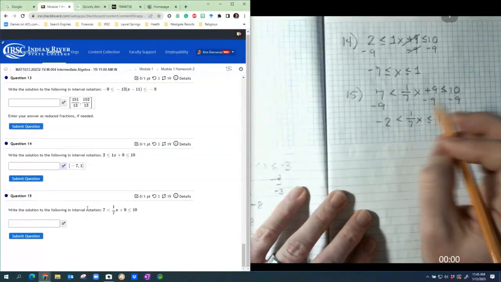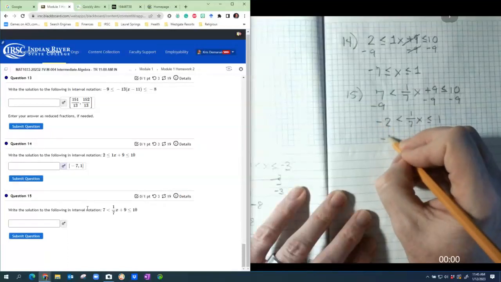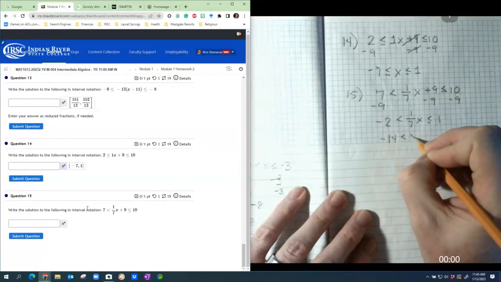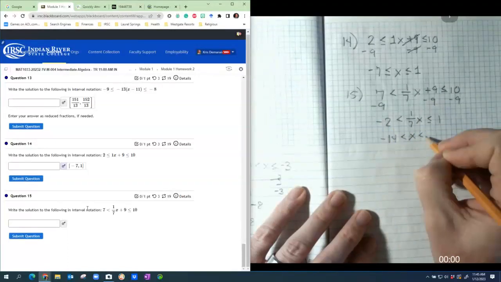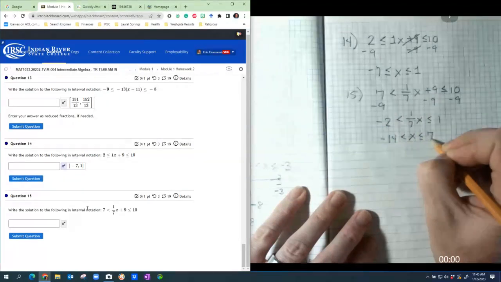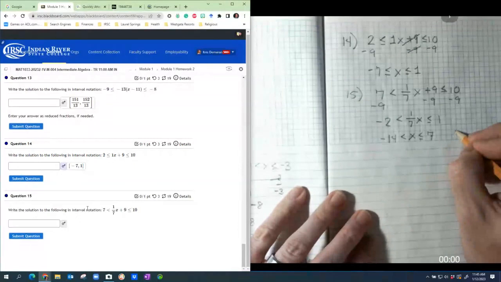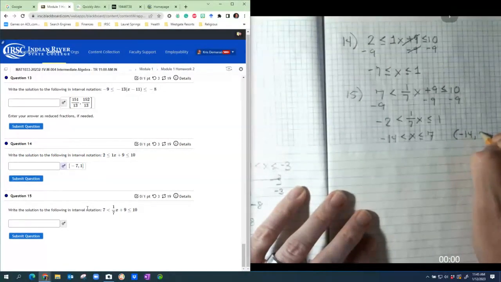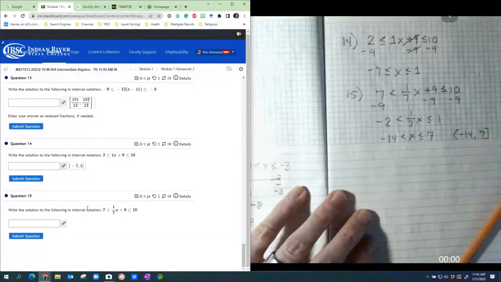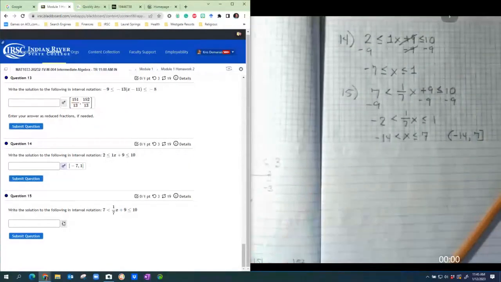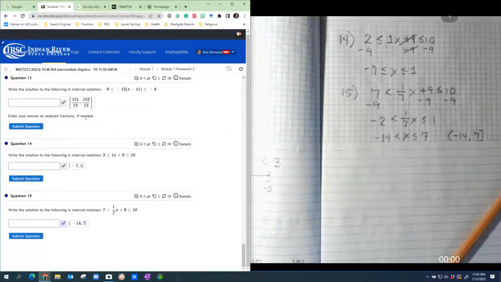And then we're going to multiply everything by 7. And what they want in interval notation, I'll write in interval notation. And there's our answer. All right, so I did 15 questions for lesson module 1, homework 2.